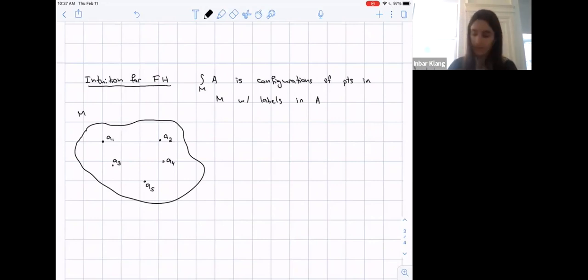And when points collide, you use the EN algebra structure to multiply their labels.